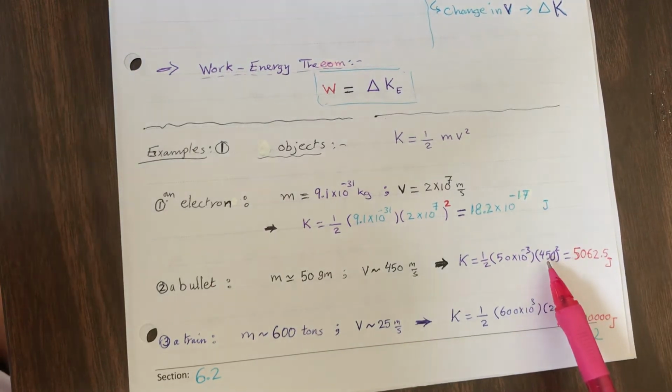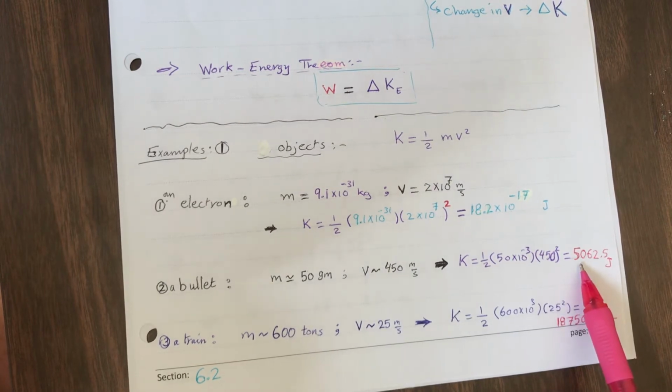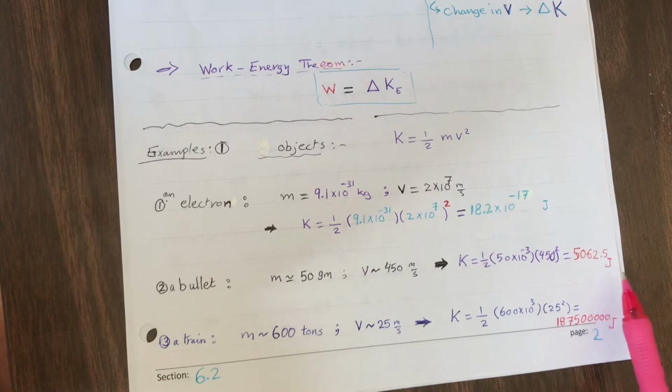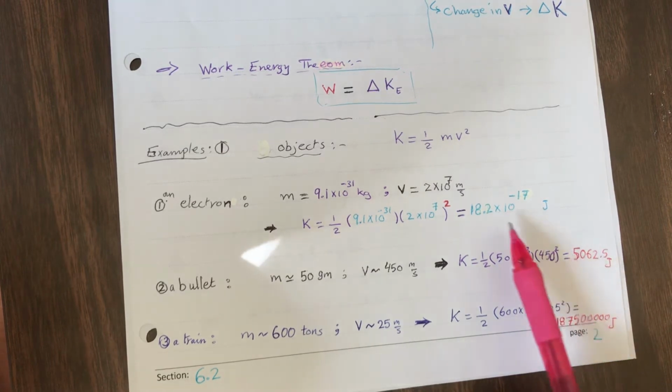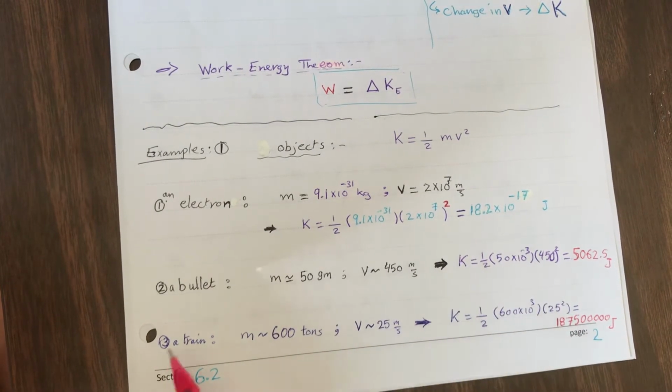And the velocity 450 squared. Then its kinetic energy is about 5,062.5 joules. It is much bigger than that for the electron. We will discuss everything. What about the train?